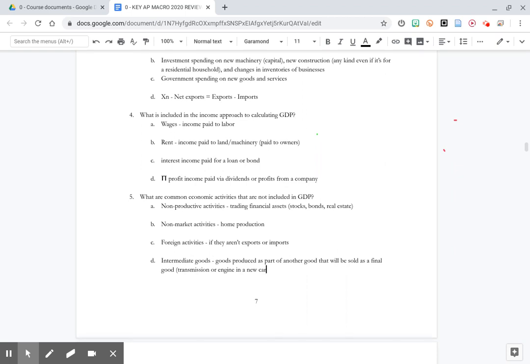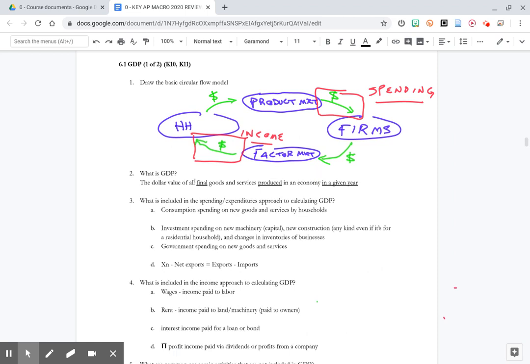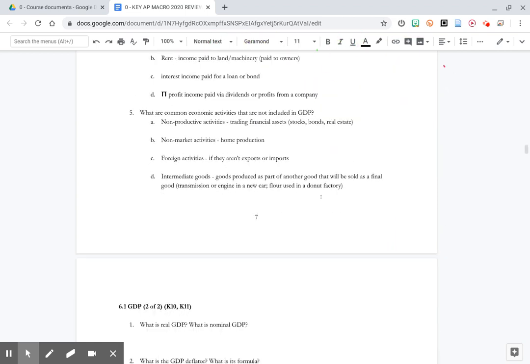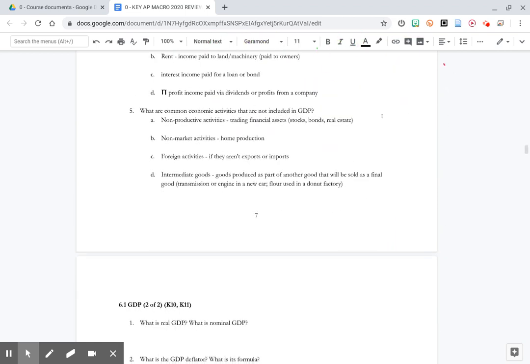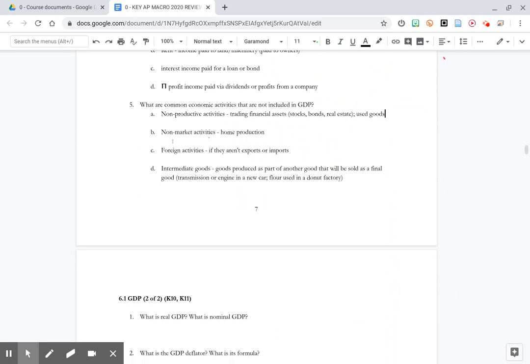Another example would be flour used in a donut factory. That wouldn't count because the donut would count, but not the flour that's used. So intermediate goods are also not counted. And then again, final goods and services produced in an economy in a given time period. So we also don't include one kind of last thing here. Used goods also are not counted. And that's because they're not really productive activities in a sense.